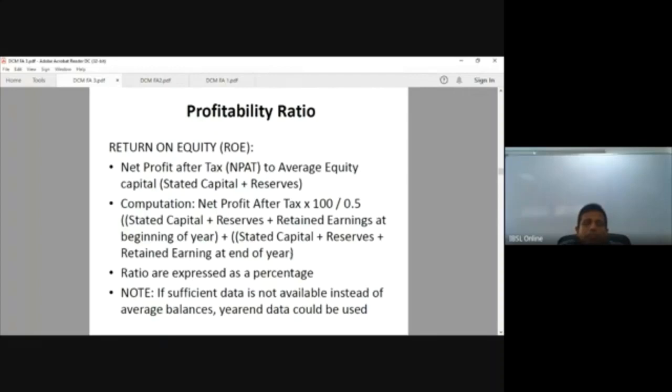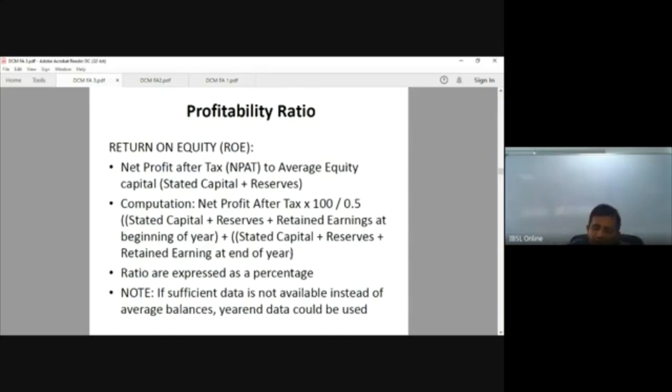Average equity capital. Here equity always means stated capital plus all the reserves. Therefore, you have to take the beginning equity and the end equity, take the total and divide it by 2 or multiply by 0.5. Then you can take the average equity, right?